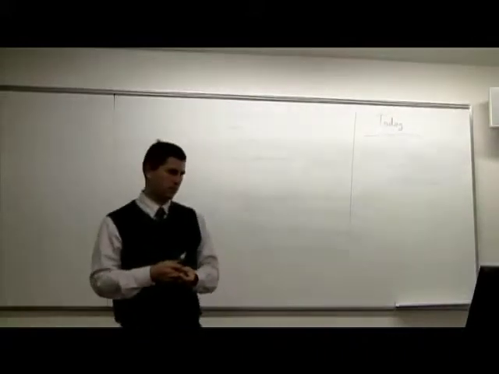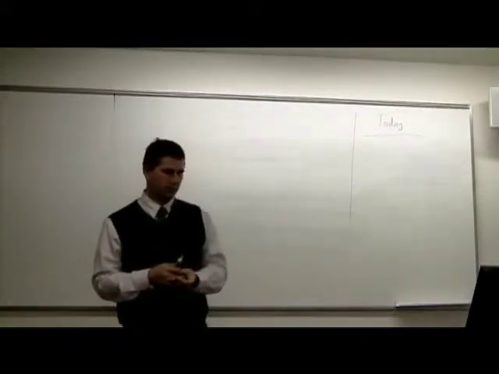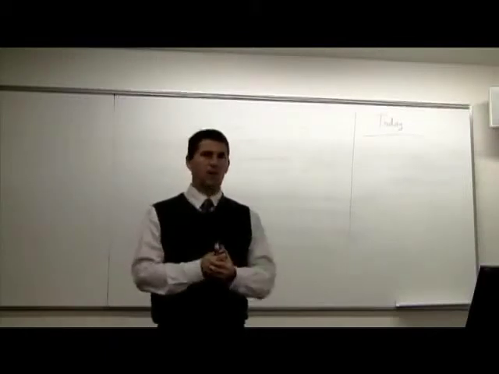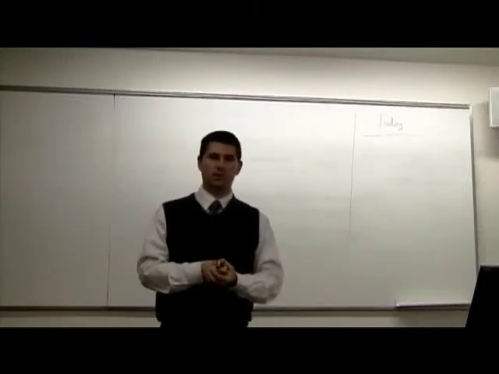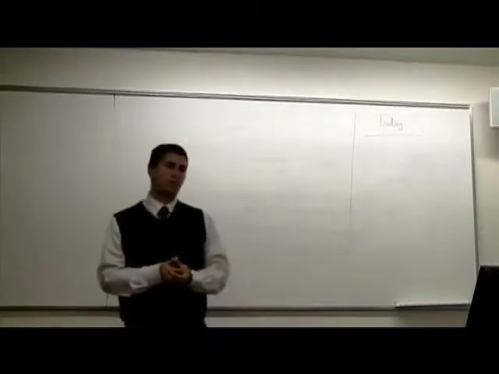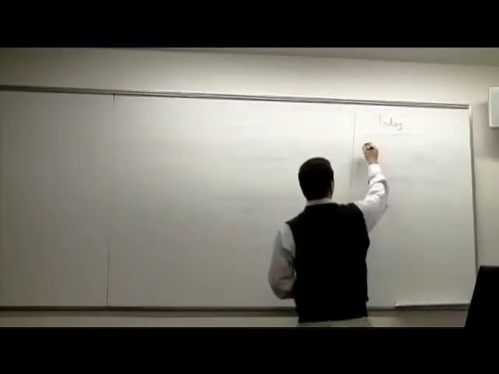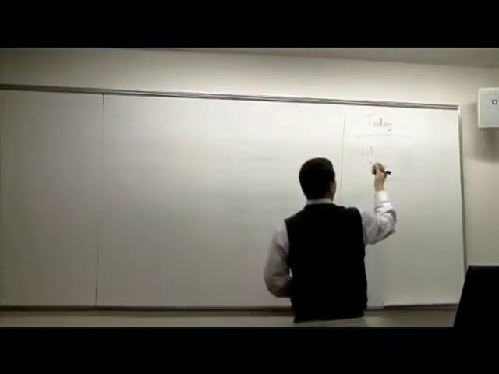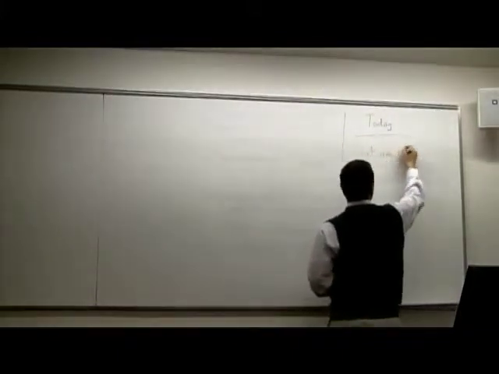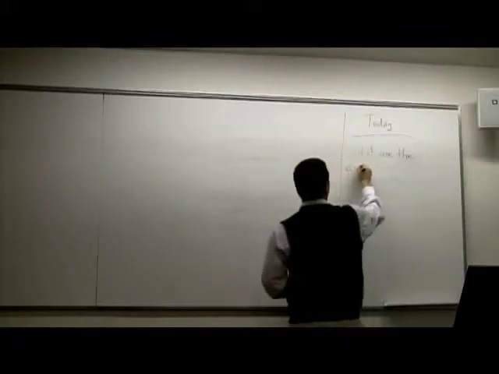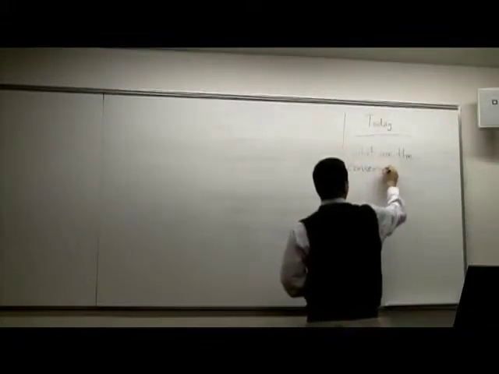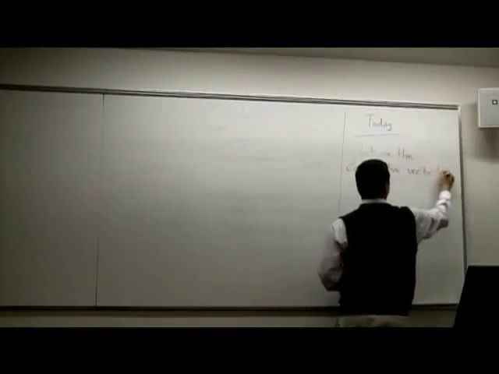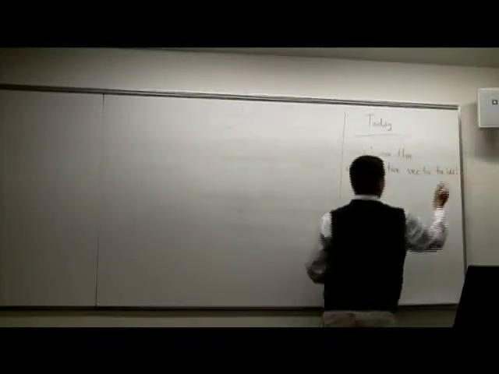So this wasn't so bad. In fact, it was so nice that we gave a special name to any vector field that comes as a gradient vector field. We call it a conservative vector field. So our first goal today is to find out what the conservative vector fields are.